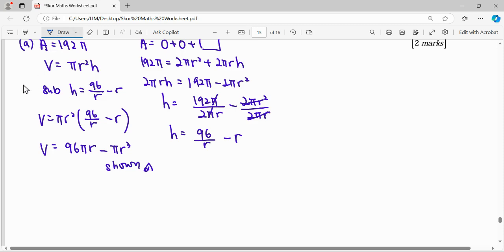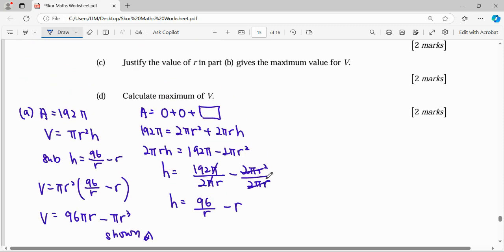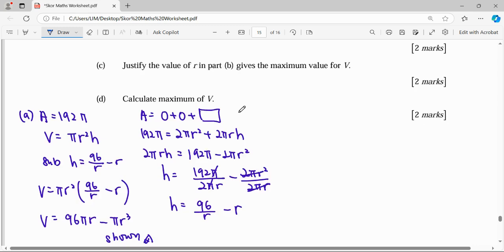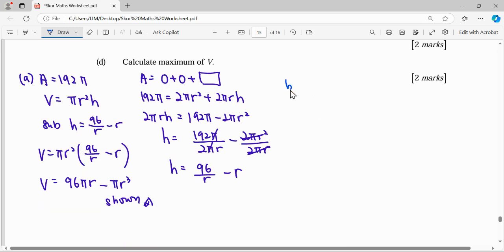So after we show this, we read the question for number 2. Find the value of r at which V is stationary. So for V to be stationary means dV/dr equals 0.